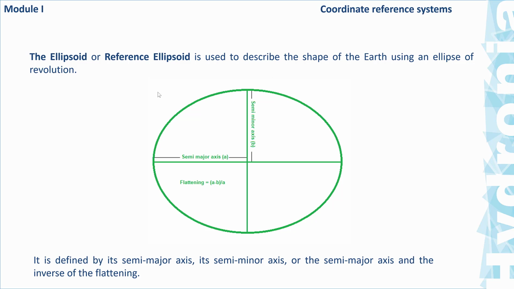So the ellipsoid, or reference ellipsoid, is used to describe the shape of the Earth using an ellipse of revolution. If you make a cut on that ellipsoid that represents the Earth, you would see an ellipse like this with a major and minor axis defined by A and B. These are different because the Earth is a kind of flattened sphere, so the minor axis is smaller than the major axis.